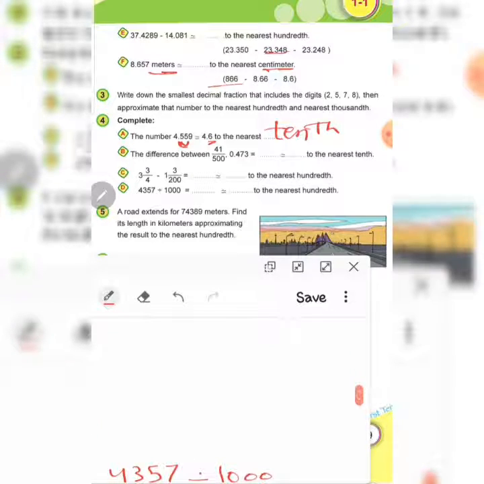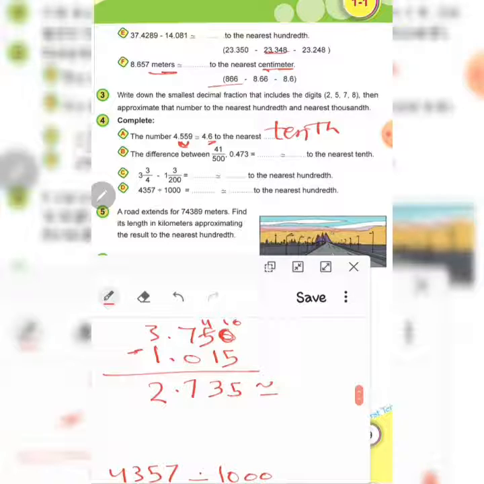And subtract 3.75 minus 1.015. I must put here 0. 10 minus 5 equals 5 and borrow. 4 minus 1 equals 3. 7. 3 minus 1 equals 2. Approximate to the nearest hundredth. 3 is the hundredth, 5 will give it, it will be 4, 2.74.